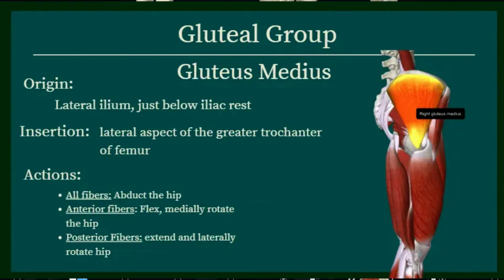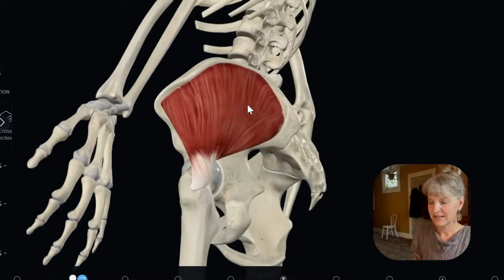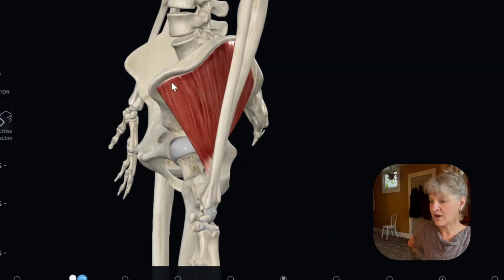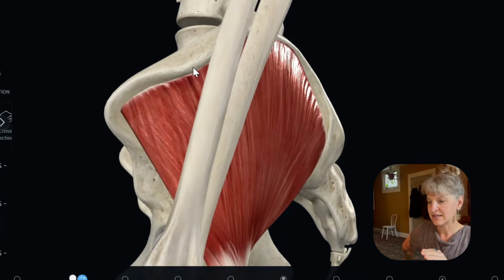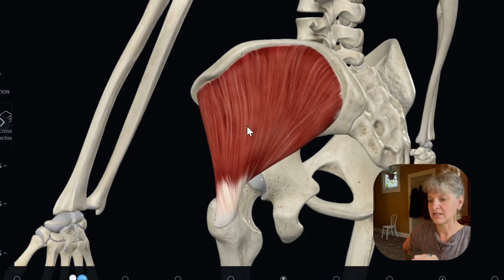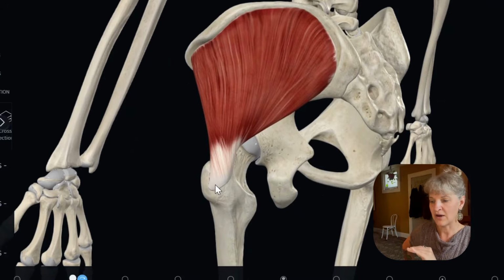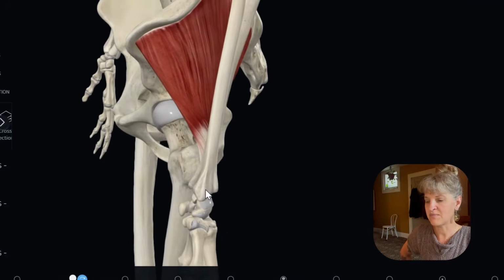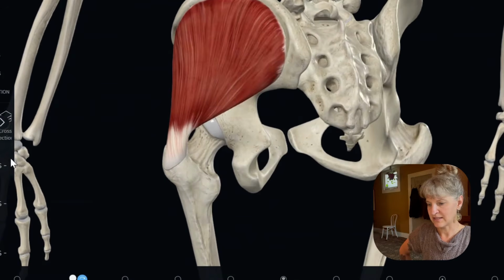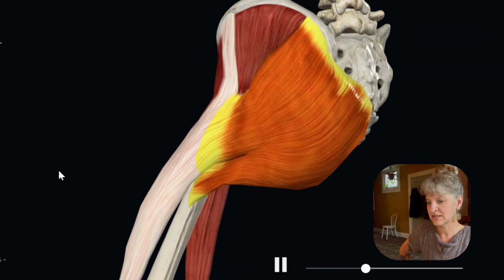Next we have Glute Medius. Its attachments start at the lateral ilium. That's the top of the crest, or just below the lip. We're going to look just below the lip, and then it inserts where the greatest line of pull is, at the lateral area of the greater trochanter, right at the tippy tip of that hip bone. So what are its actions? It does hip abduction.